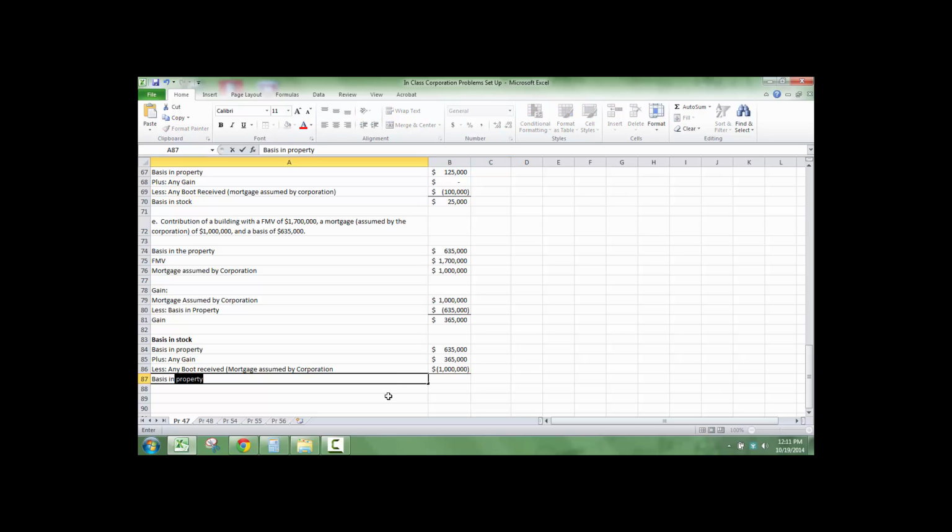Basis in stock equals the sum of these, which is in fact 0.